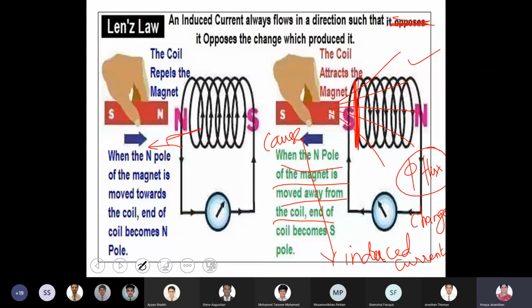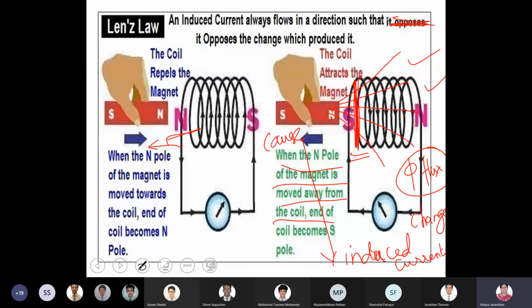So the induced current starts flowing in the clockwise direction. Why? Because it produces a south polarity near the bar magnet, which will not allow the north pole to move, because the north pole moving is the cause.